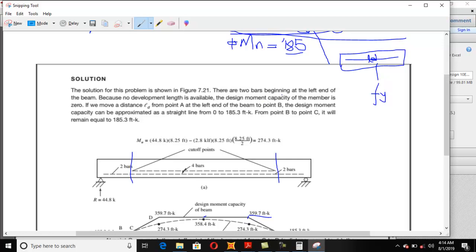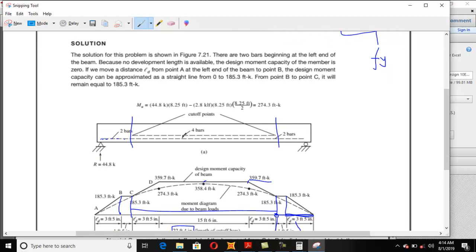There are 2 bars beginning at the left end of the beam. Because no development length is available, the design moment capacity of the member is 0. I already mentioned, why at this point does the design moment capacity become 0? Because there is no development length available.